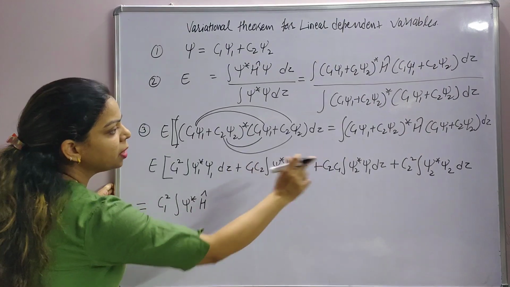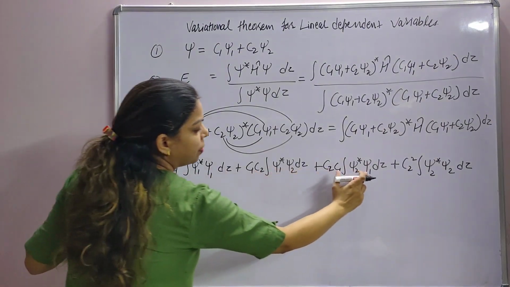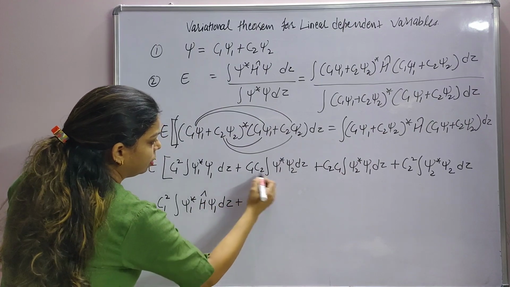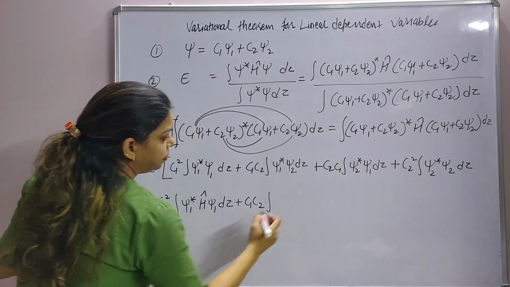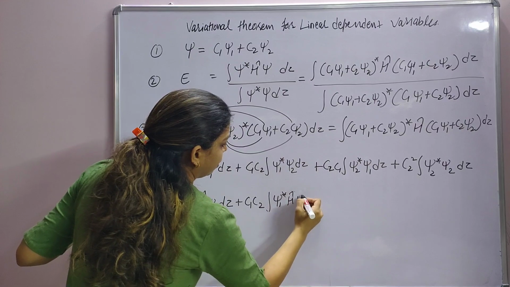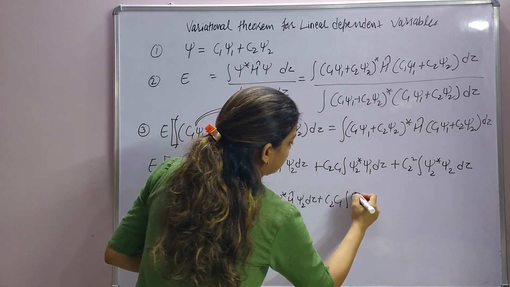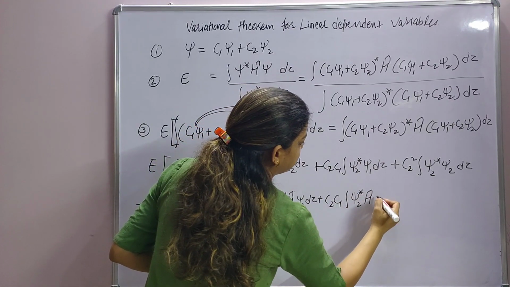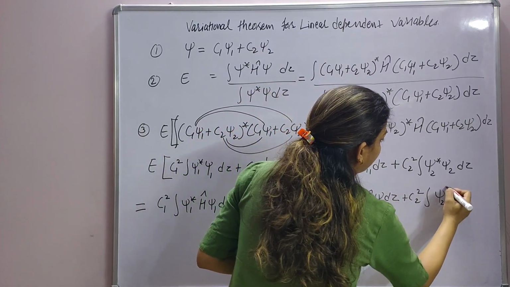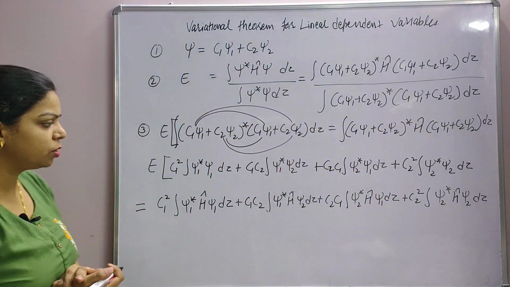All the terms will be the same, and the number of terms will also be the same, but the only thing is that between every pair of functions there will be a Hamiltonian operator, giving C1 square psi1 star H psi1 plus C2 square psi2 star H psi2 d tau. All right, so these are the terms.